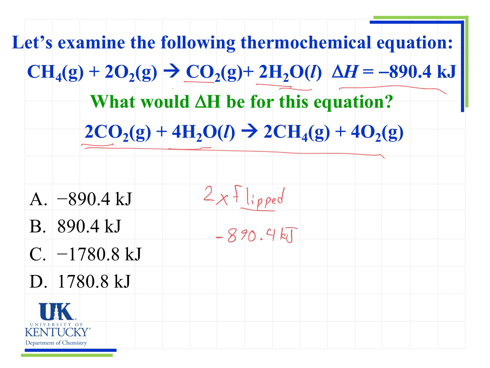So it's doubled, so we have to multiply it by 2. Also, it's flipped, so we have to change the sign, so we have to make it positive, okay? Which is positive 1780.8 kilojoule. So therefore D is the answer.